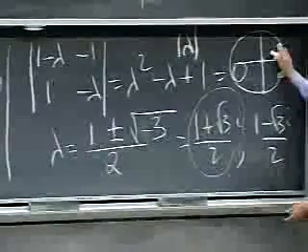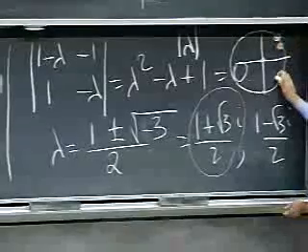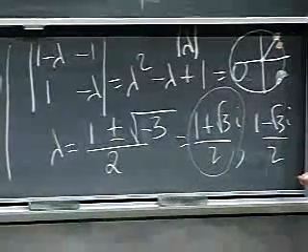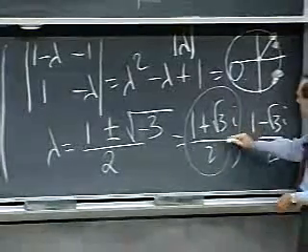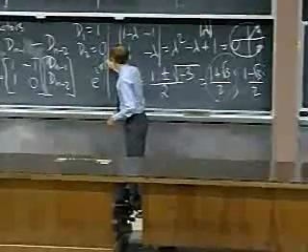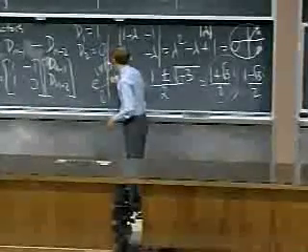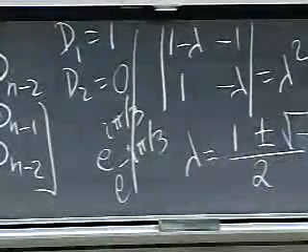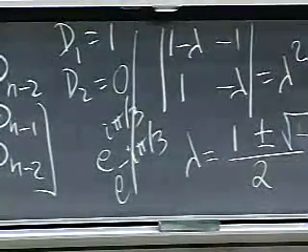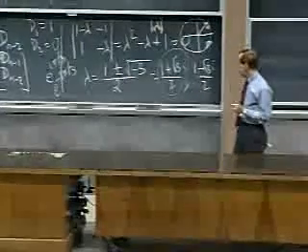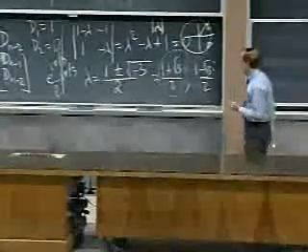So let me improve my picture. This number is e to the I pi over 3, and this one is e to the minus I pi over 3. We'll be doing more complex numbers briefly, but a little more in the next 2 lectures.